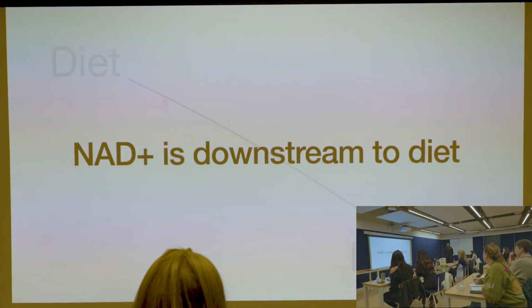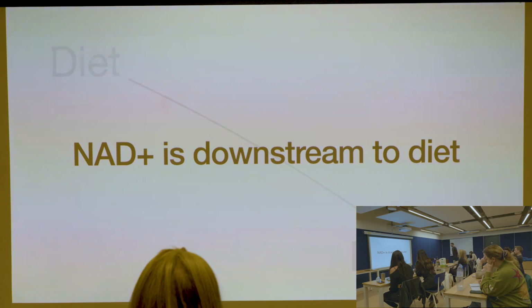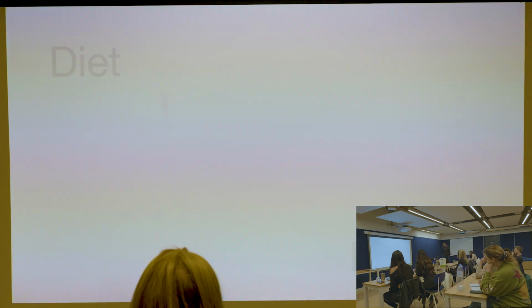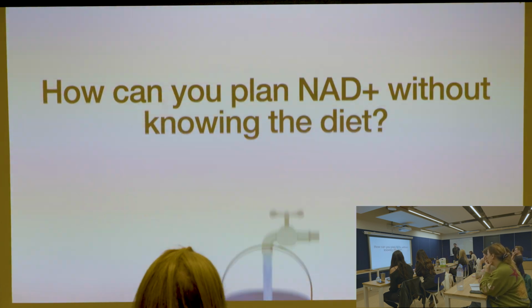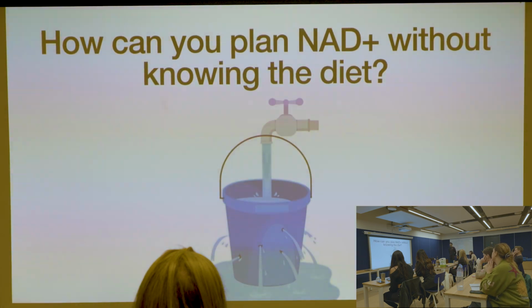And if you're ever downstream of anything, you have to go upstream to find the source and turn the tap off instead of trying to fix the leak while the tap is still on. So again, the most important thing, what are you eating? Yeah. So this is the analogy when you want to plan NAD for anyone.